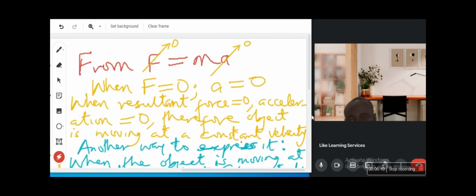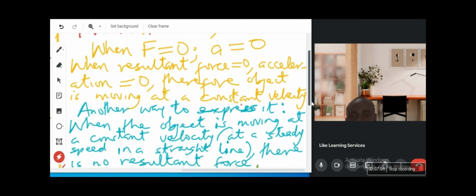That's not difficult to understand, because if the resultant force F is getting smaller, when mass is constant, it means acceleration has to also get smaller. So that mass times that acceleration will give you a smaller value.